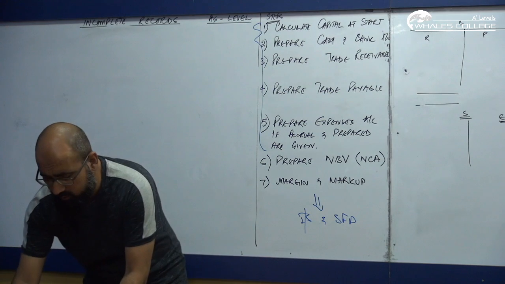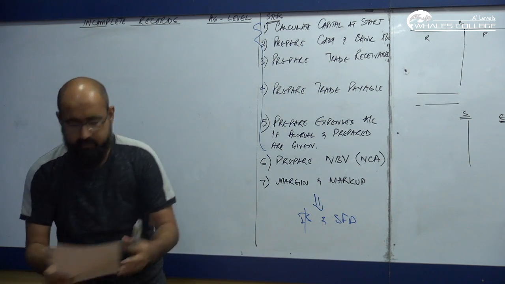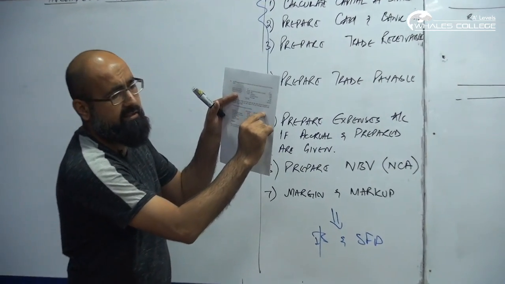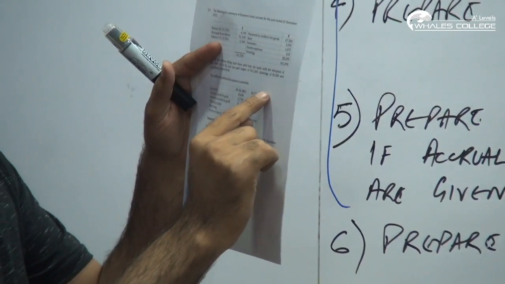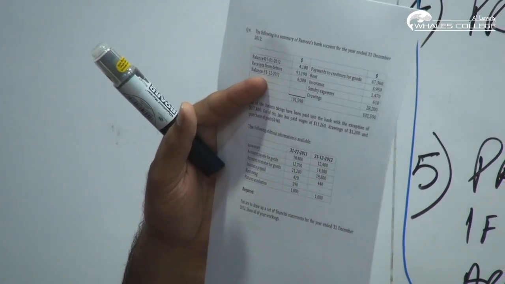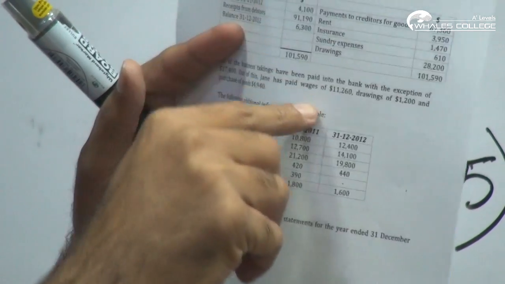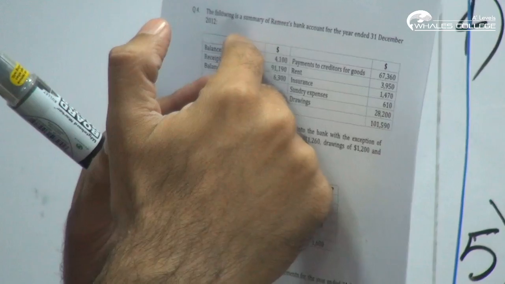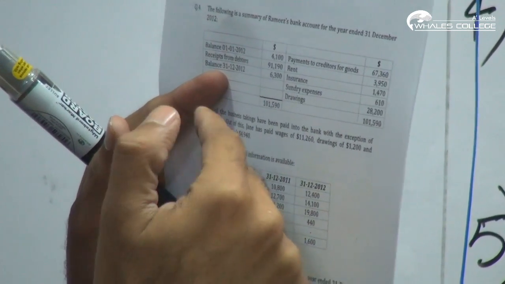So everyone, just mark it: mark 2011 as start, mark 2012 as end, so that it becomes easy to get the values. Identification is easy. Bank account is given, opening balance is 2011, and ending balance is 2012. Get it down.